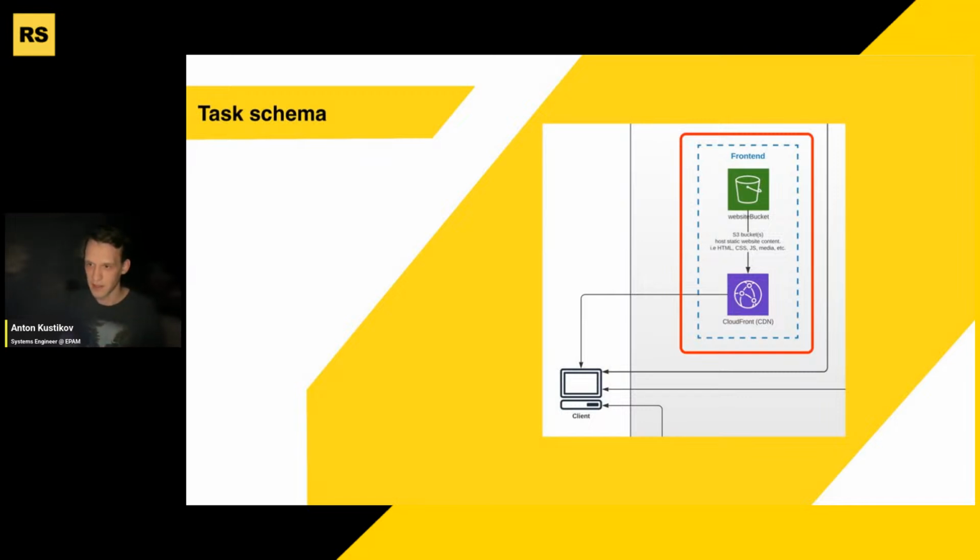This CDN is directly connected to the S3 bucket where our application is stored. So regarding the task, we are just deploying our application in the S3 bucket and then creating the CDN to make it accessible worldwide. This is how it works.